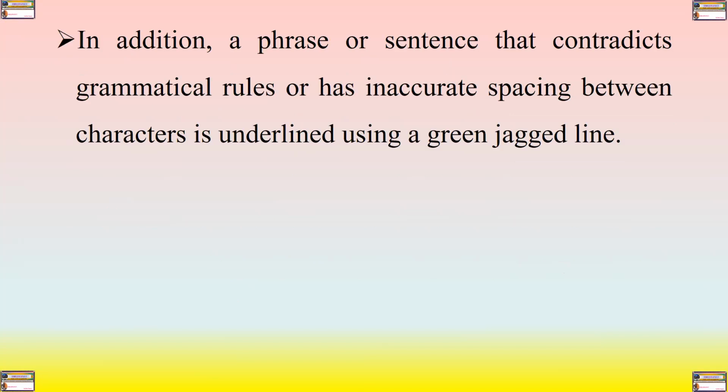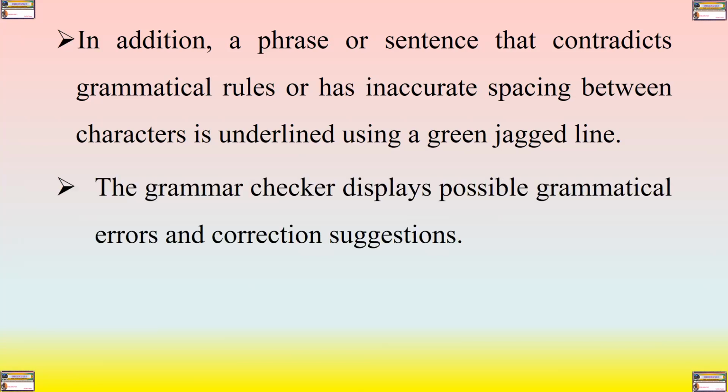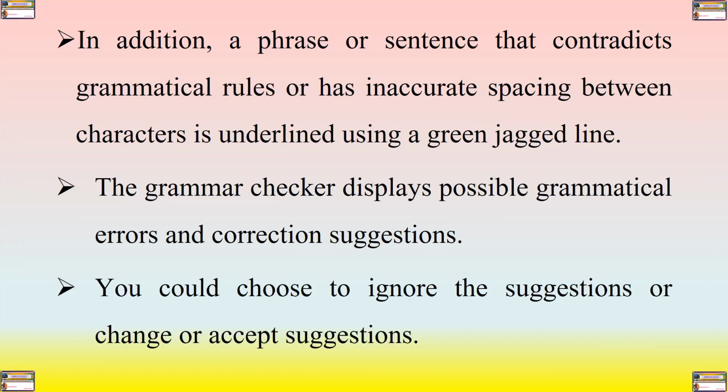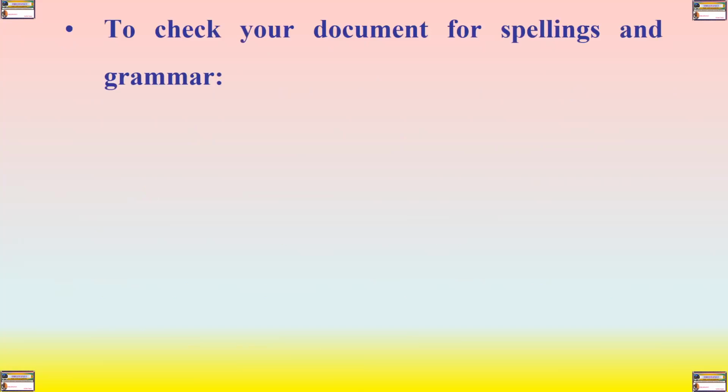In addition, a phrase or a sentence that contradicts grammatical rules or has inaccurate spacing between characters is underlined using a green jagged line. The grammar checker displays possible grammatical errors and correction suggestions. You could choose to ignore the suggestions or change or accept suggestions.